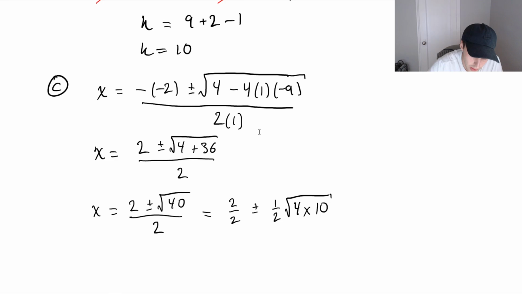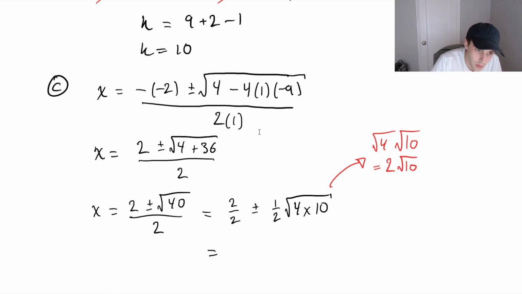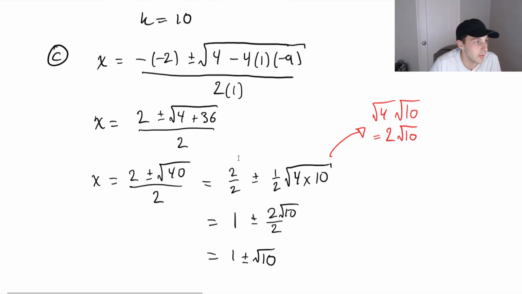And we know that the square root of 4 times the square root of 10 is the same thing as the square root of 4 times 10, which means that this is 2 times the square root of 10. And then we're left with 2 over 2 is 1 plus or minus 2 root 10, divided by 2. This is 1 plus or minus square root of 10.